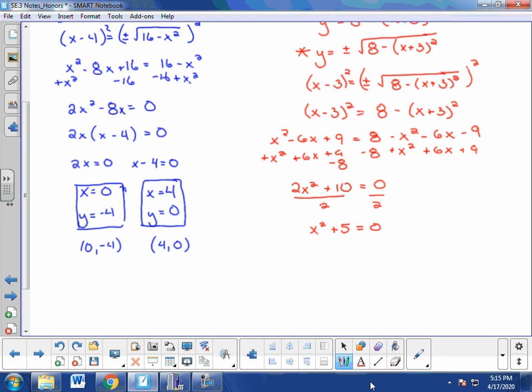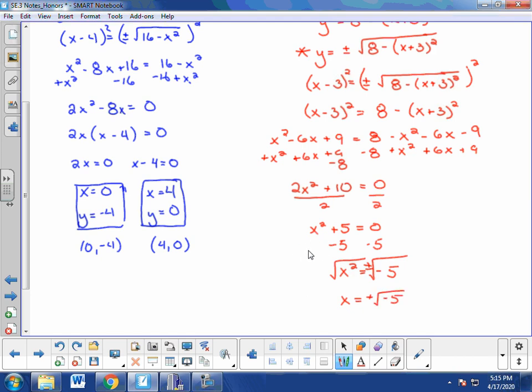And this is a lot easier to solve. Subtract 5 from both sides. So x squared equals negative 5. And now, to get rid of the square, we have to square root both sides. So x equals plus or minus the square root of negative 5. And what do you notice here?